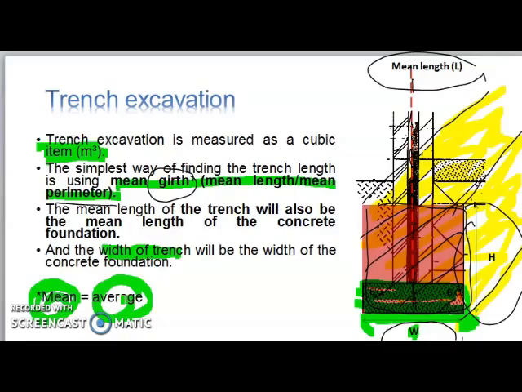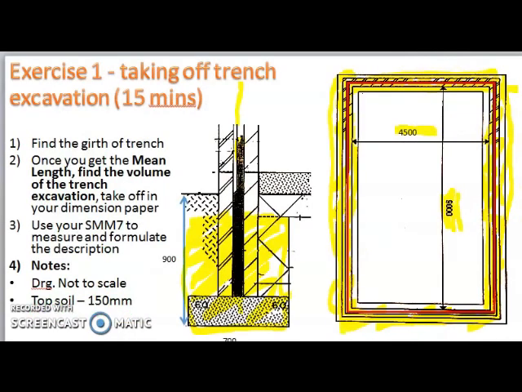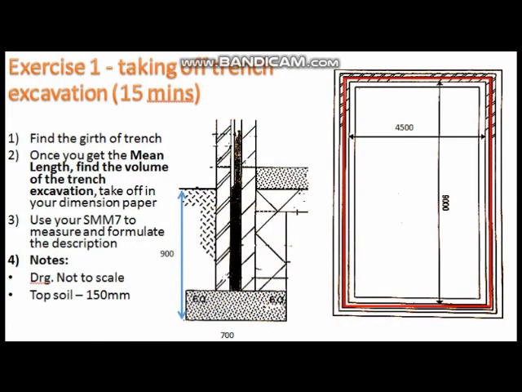Okay. So let's try to identify how to find this mean length first. Right. So as you see here, this is your length and this is your breadth. Meaning that from that internal wall to another internal wall, it is 9,000 mm.